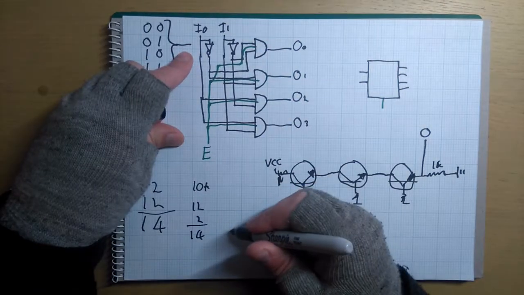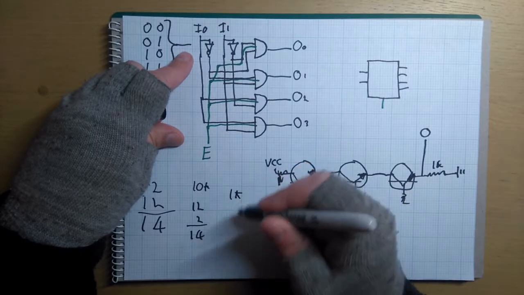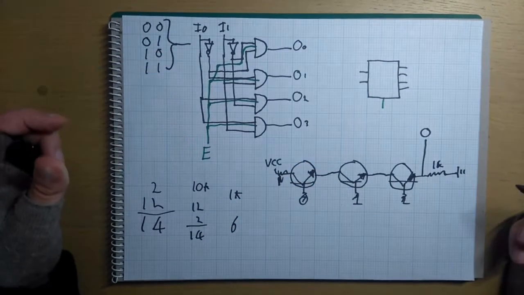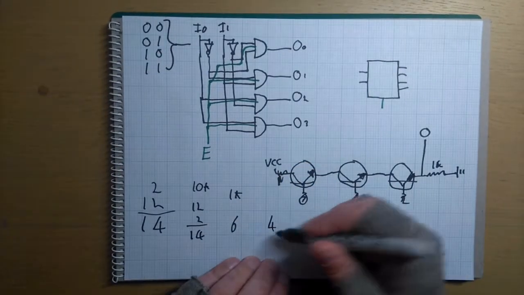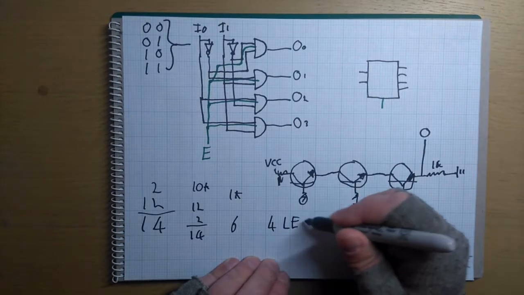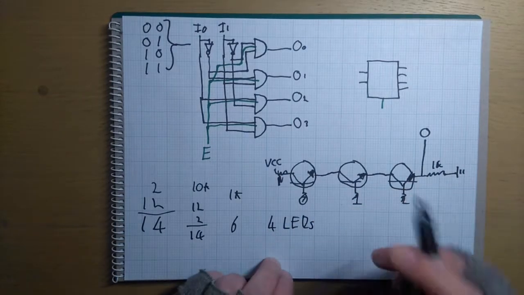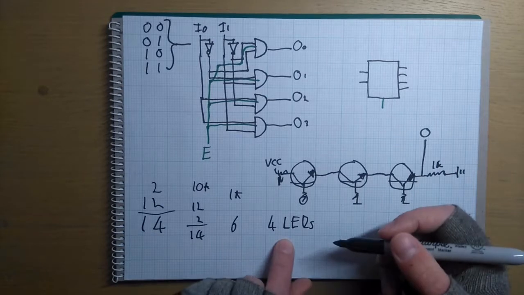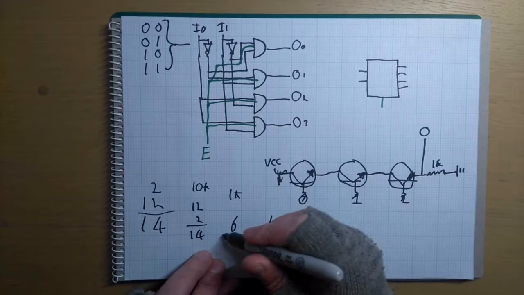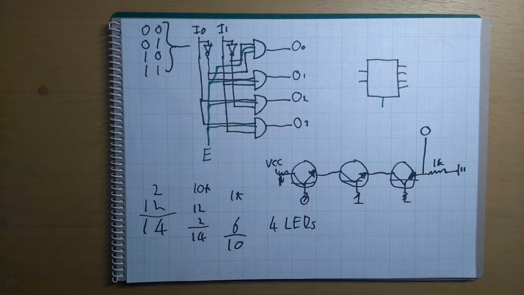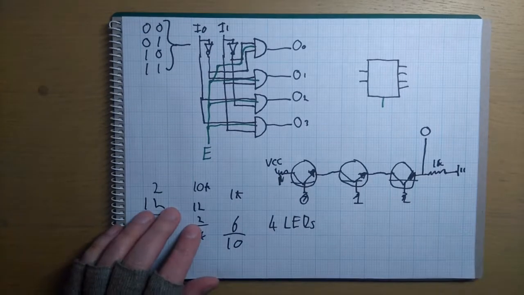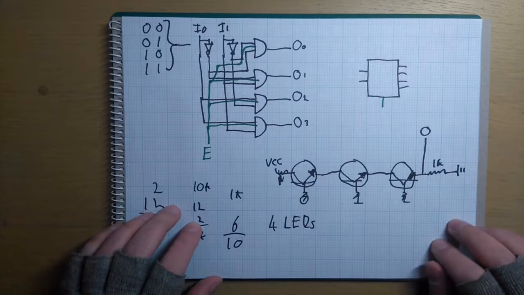So we only need 6 of those 1Ks. And 4 LEDs. And those will need 4 1K resistors as well, so that puts that up to 10. Okay, so that's all our parts, and I'll go through that now.